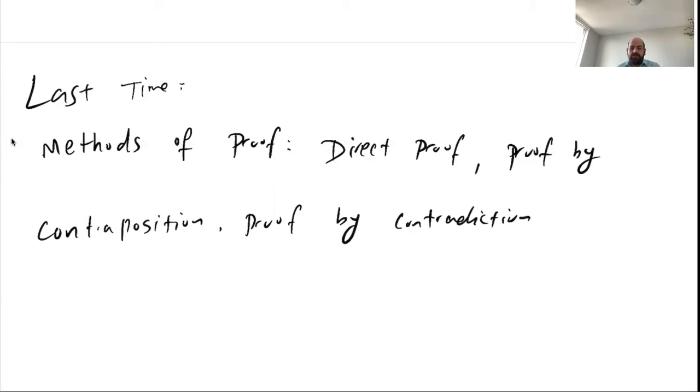In other words, we assume negation Q is right. And then we either try to reach negation P, or we reach a contradiction, which could be either negation P or a contradiction with a mathematical fact, like 2 equals 0, let's say. Once we have a contradiction, it means negation Q cannot be right, and therefore Q itself must be true.